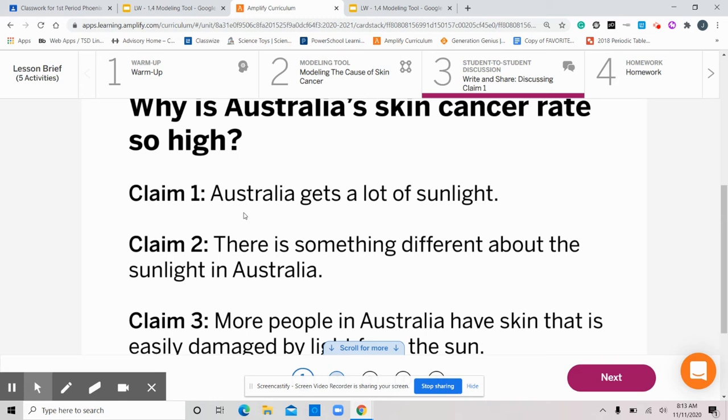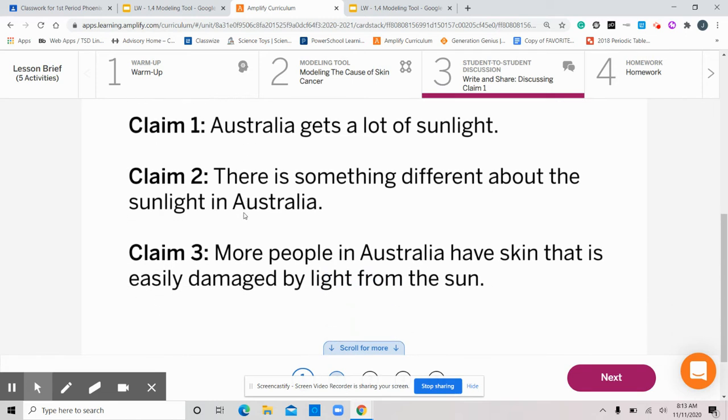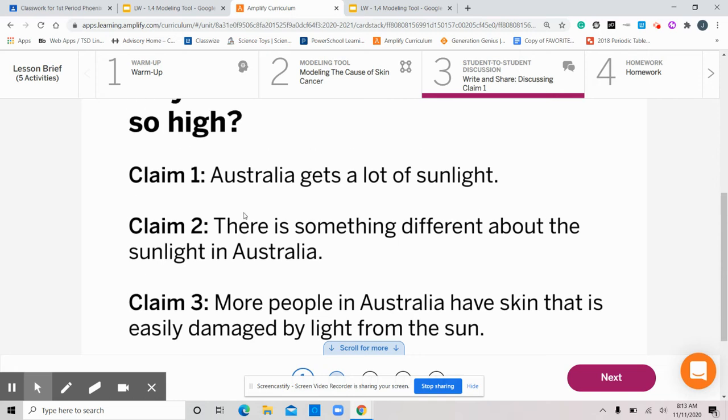Claim number one says Australia gets a lot of sunlight. It does. Claim number two, there is something different about the sunlight in Australia. That's an interesting claim. I'll give you a hint. There is. And then claim number three, more people in Australia have skin that is easily damaged by light from the sun.